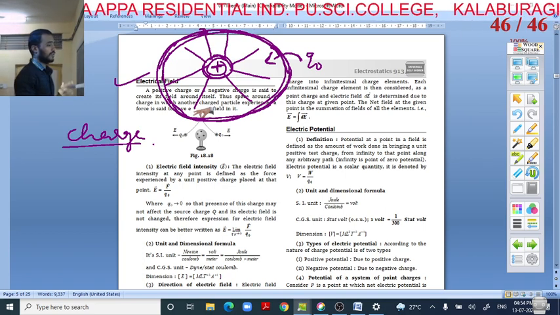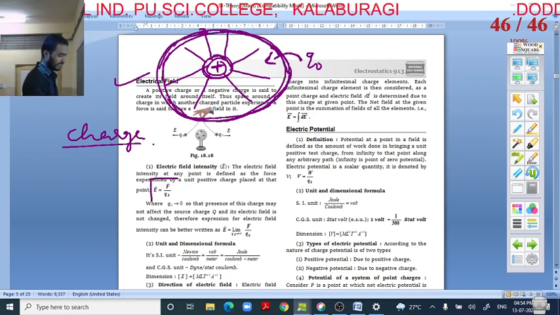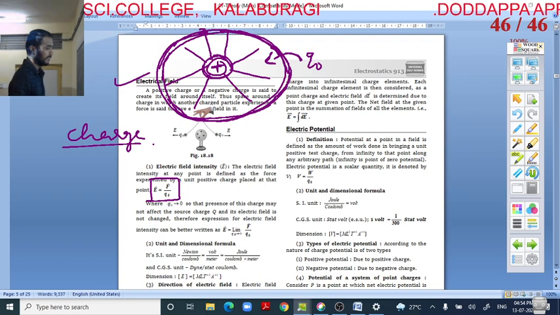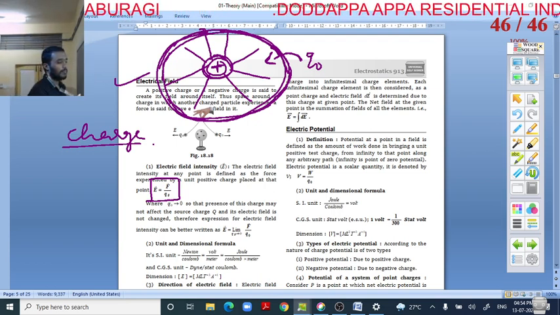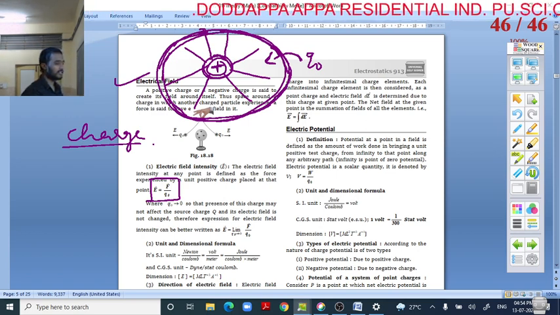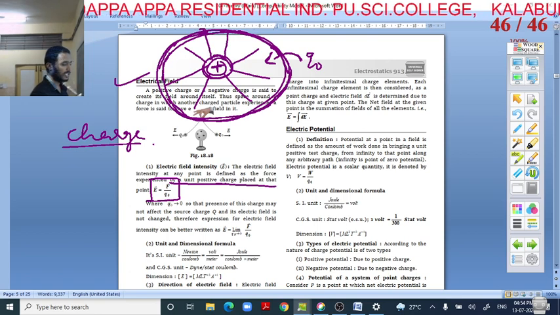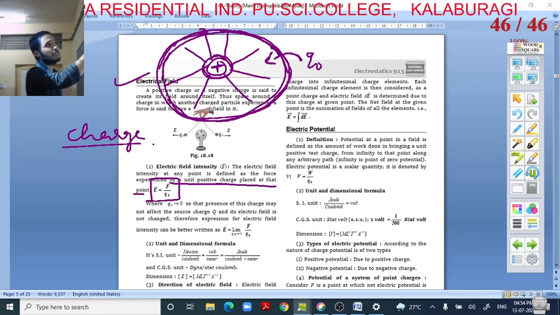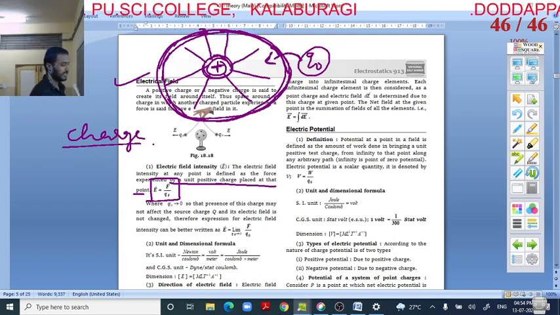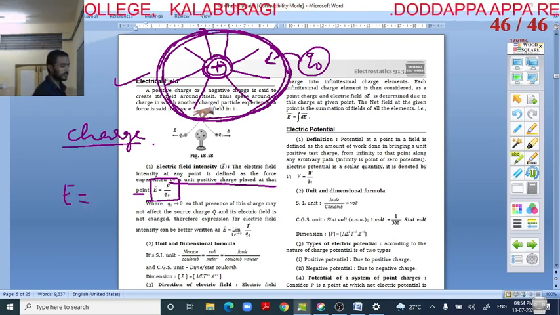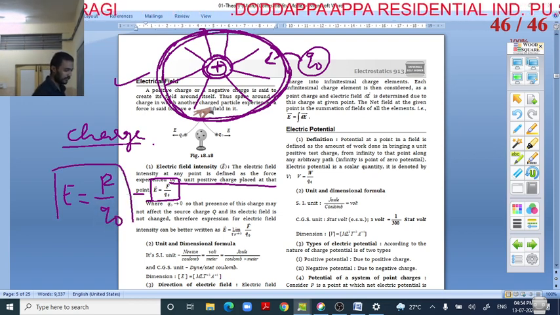Now you can concentrate here. I am going to define that the electric field intensity at any point is defined as the force experienced by a unit positive charge placed at that point. Here E is equal to the force experienced by a unit positive charge, which is known as the electric field.